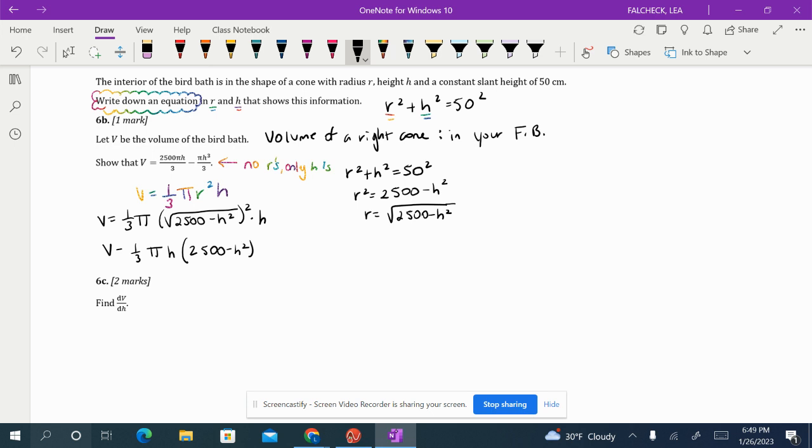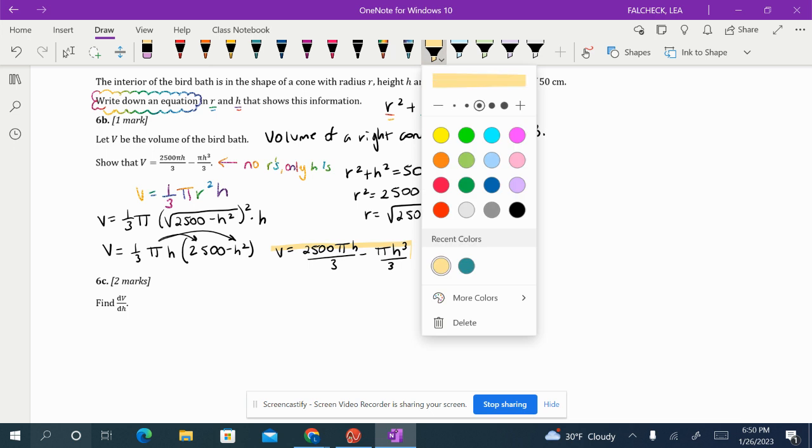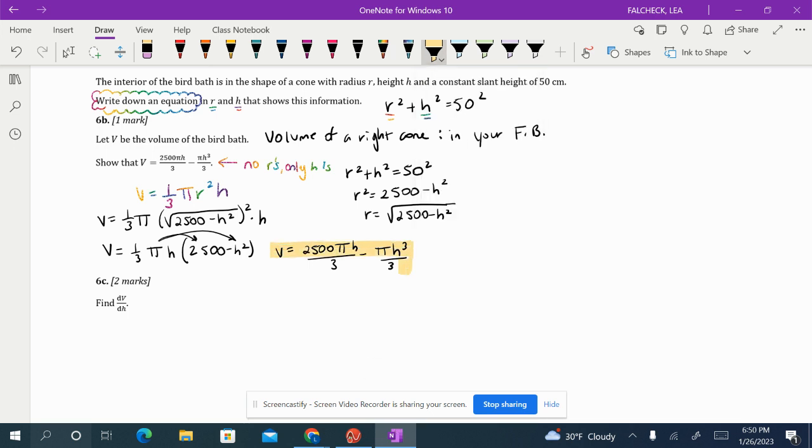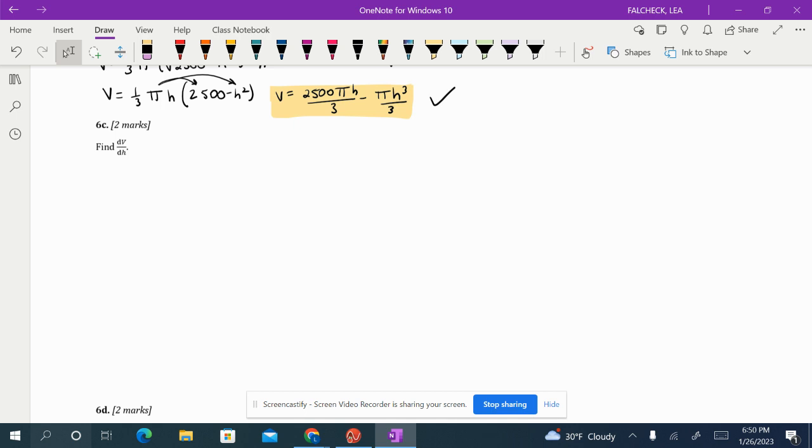So we're going to go ahead and distribute the pi and the H and the 1/3 to each piece in the parentheses. And we would get volume is equal to 2500 pi H divided by 3 minus pi H cubed divided by 3. And that perfectly matches the volume given above. So we'll give it a little check.